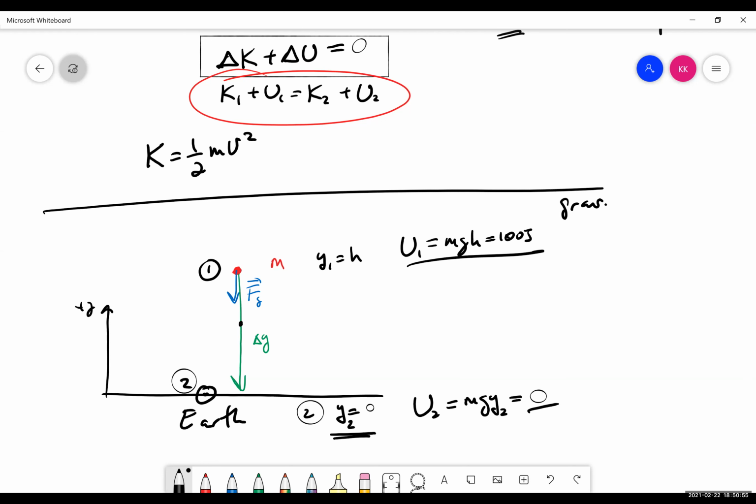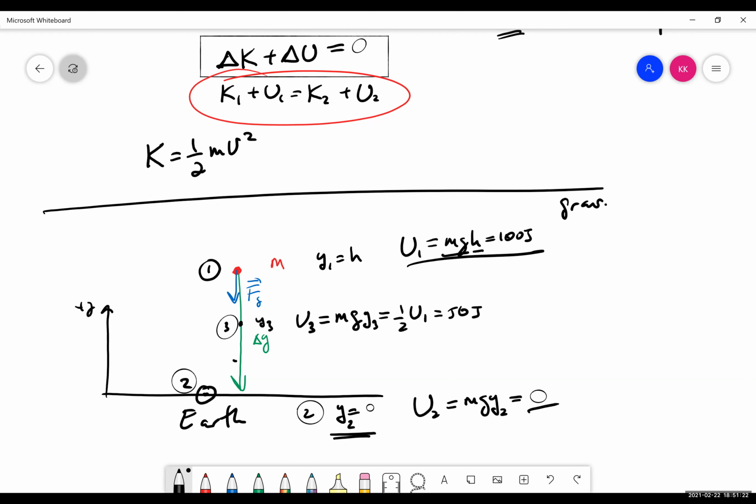Because let's say I choose some point 3 over here, which is somewhere in between. Well, the potential energy of point 3 is mg times y3, position 3. And if it's halfway, then since it's mg times h and h is halved, this will be half of the potential energy at point 1, which will be, let's say, 50 joules.